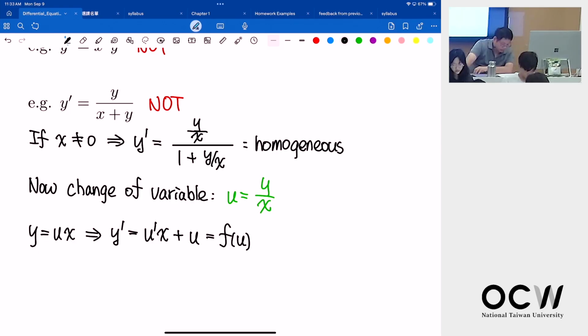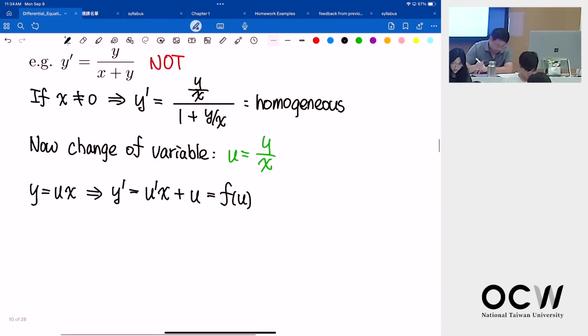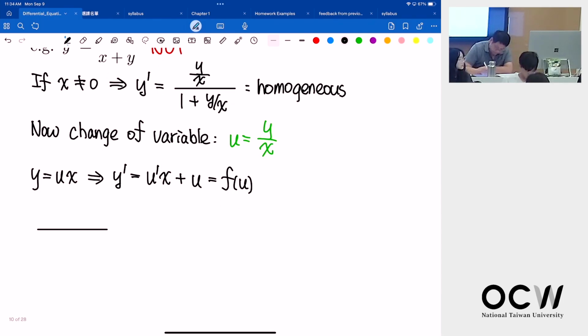So this will be a function of u. Then we can rearrange this: 1 divided by f of u minus u du will be 1 over x dx.